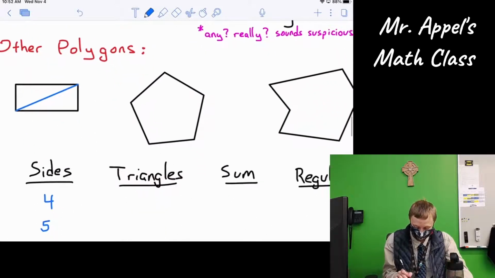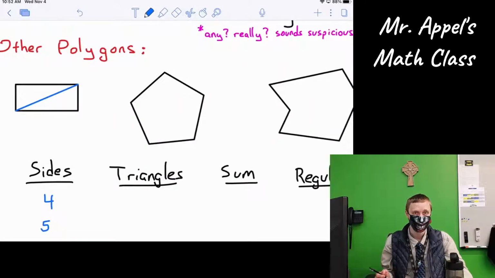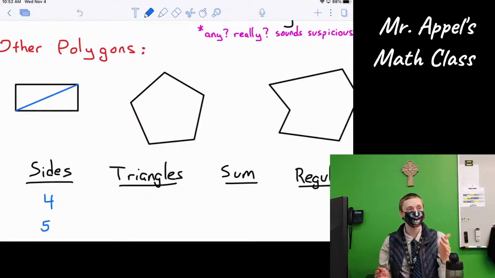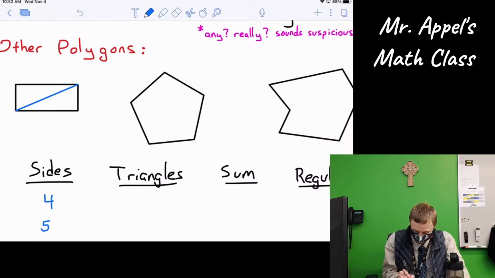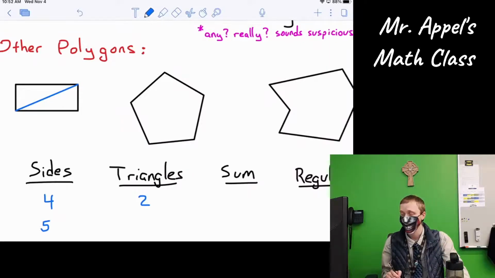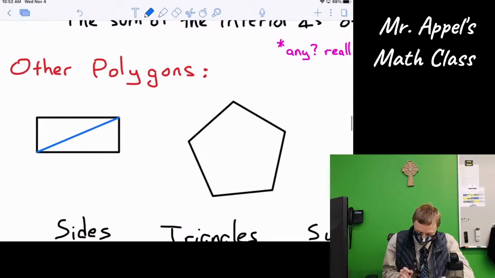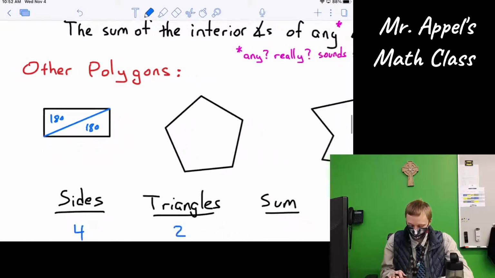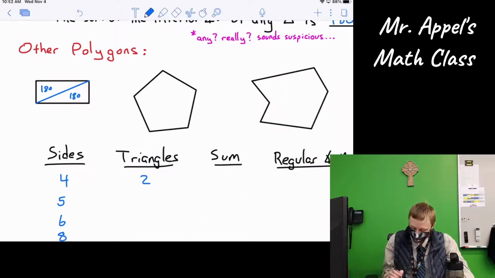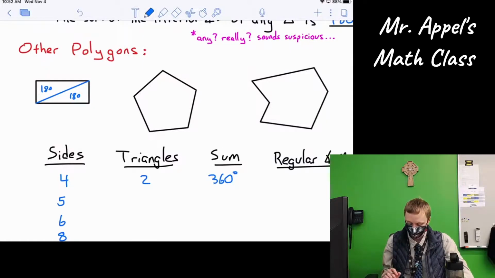So if you have four sides, the fewest number of triangles you could divide it into would be 2. And then if each triangle is 180 degrees, and you have two of them, 2 times 180 is 360. Now we're just working backwards from what we did before. It's okay.